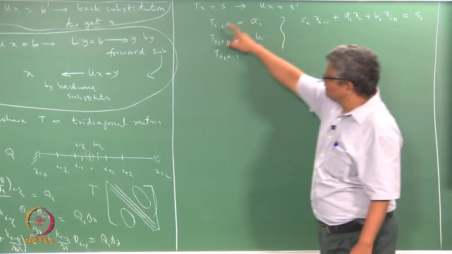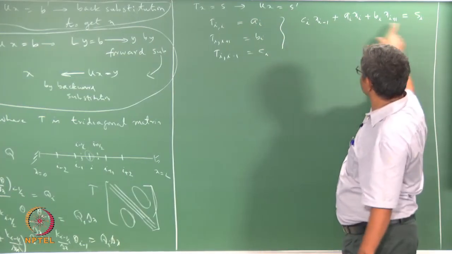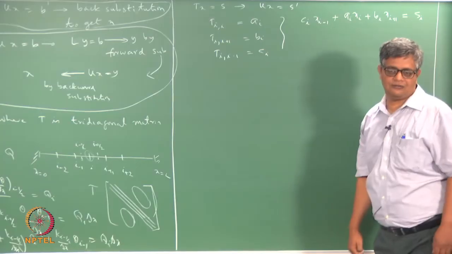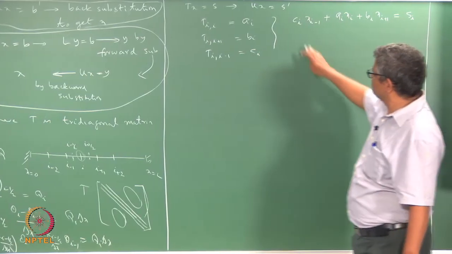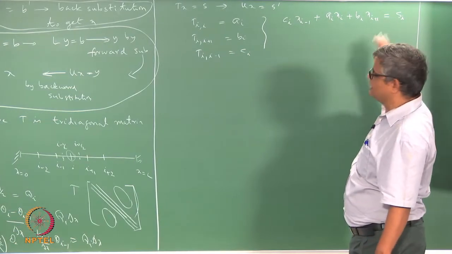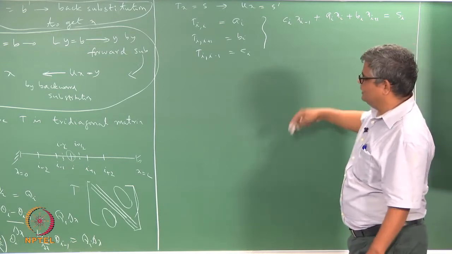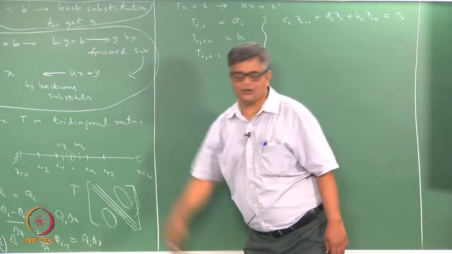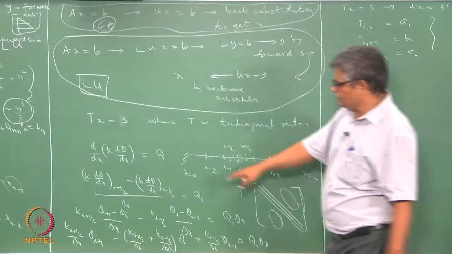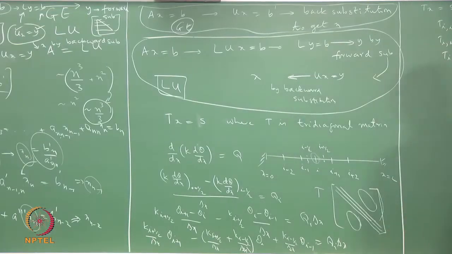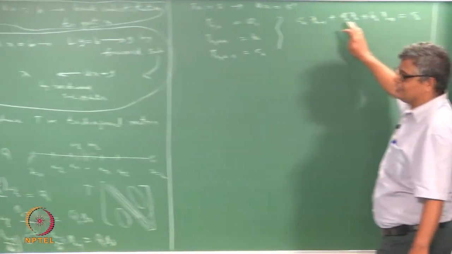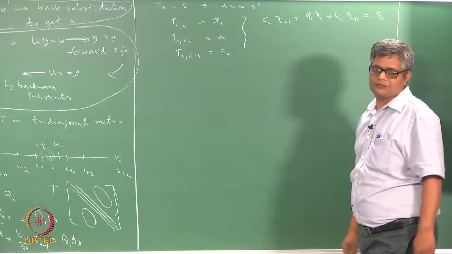And this formulation is such that each of these coefficients can change from equation to equation. You can have some special cases where all the C's are constant and all the A's are constant. For example, in the simplest case where K is constant, the thermal conductivity is constant, we normally have C equal to 1, A equal to minus 2 and B equal to 1.